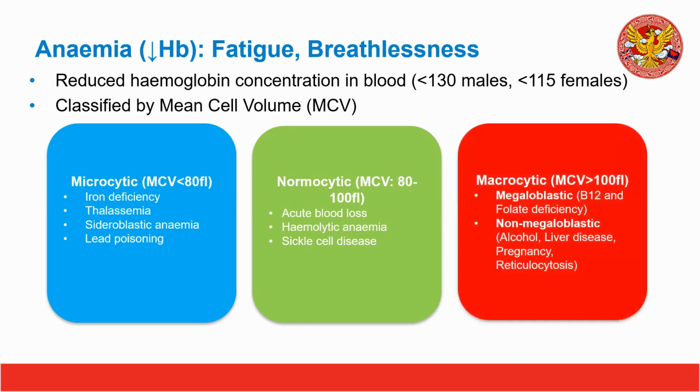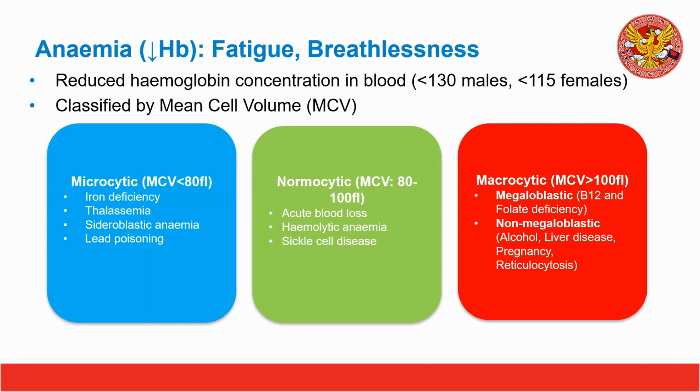Finally, you have your macrocytic anemia, and that is where you have reduced hemoglobin, but the red blood cells are a lot larger than normal, so your mean cell volume is more than 100 femtoliters. Generally, we classify it into two major forms: megaloblastic macrocytic anemia, which is where you get the production of immature, large red blood cells, and non-megaloblastic.